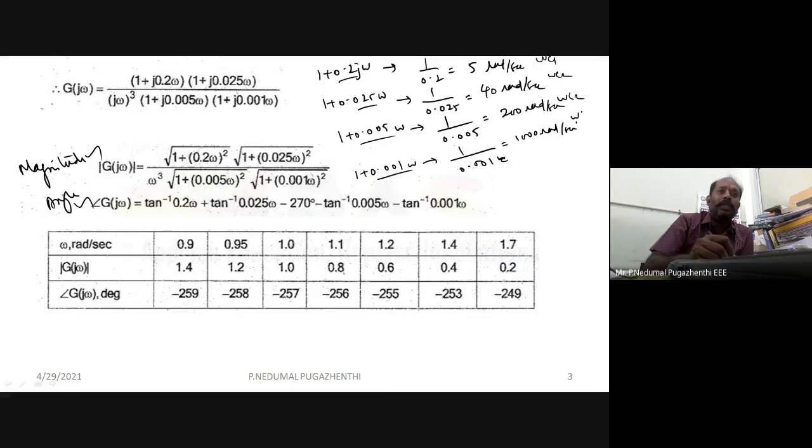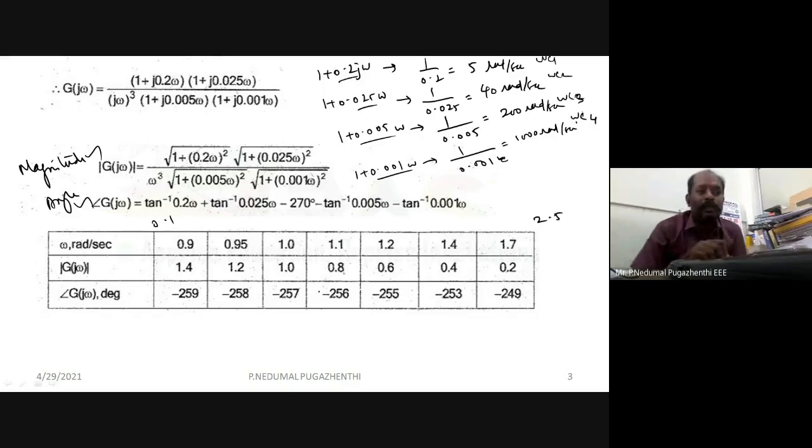Yesterday I told you how to choose your omega value, to make it simple to adopt it in a graph sheet. Depending upon the corner frequency which has the much higher value, you try to choose omega between 0.1 to maybe 2.5.